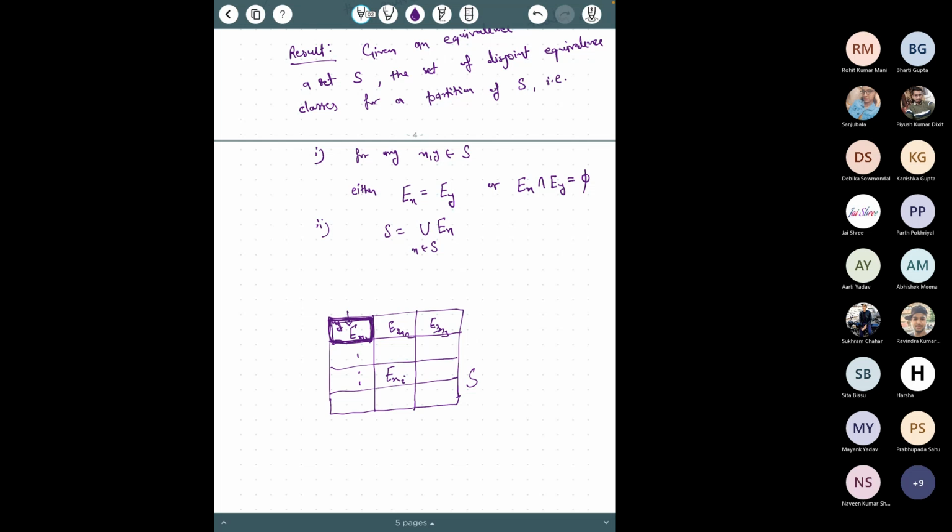So if they are related, can we choose a representative for this class? For each class, if two elements belong to the same class, they are related. So instead of talking about the whole class, can we choose an element which acts like a representative of this class?